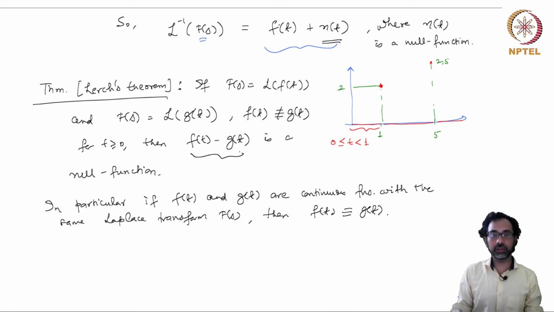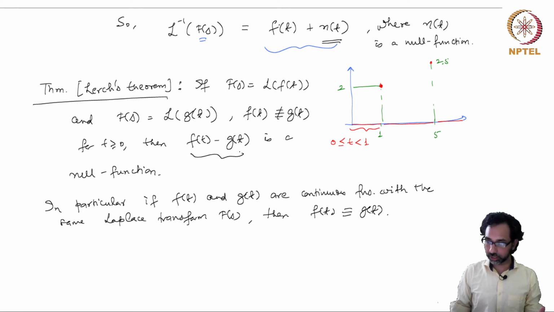So f(t) minus g(t) will also be a continuous function, and unless it is identically equal to 0, any continuous function will have some area under the curve for some value from 0 to t.